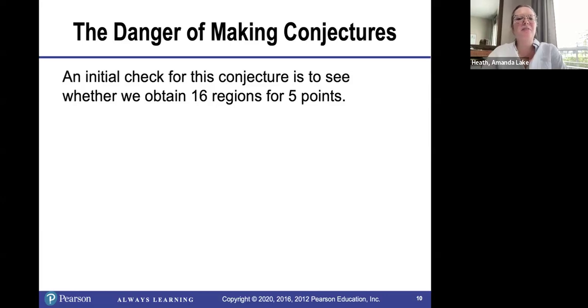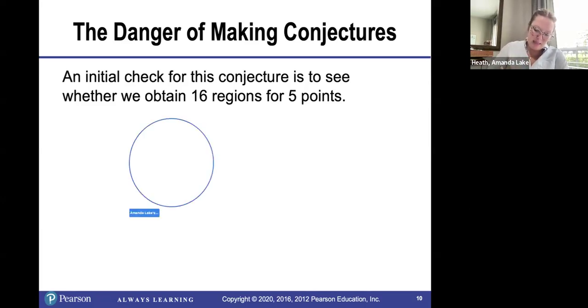So an initial check for this conjecture would be to see if our very next step works. So for 5 points, if I draw a circle and add 5 points to it, my job is to figure out how many different regions I will have. So I connect all of them.